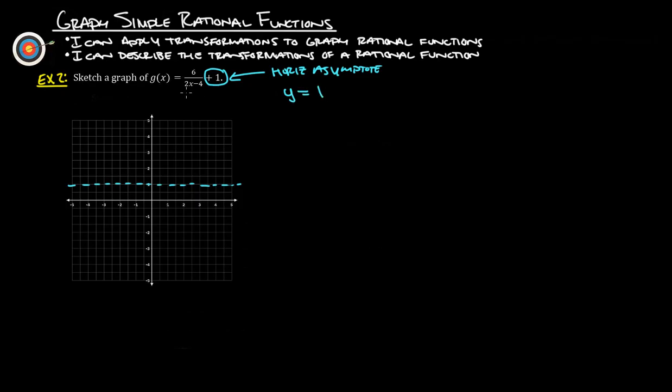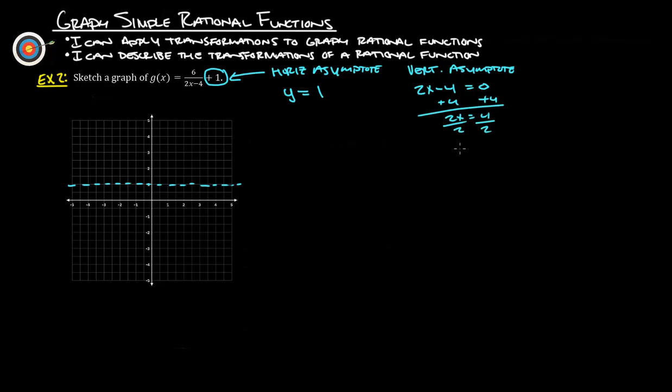Now, if you remember from before, we can never divide by 0. So our vertical asymptote is going to set this denominator equal to 0. So 2x minus 4, set that equal to 0. Add 4 to both sides. 2x equals 4.